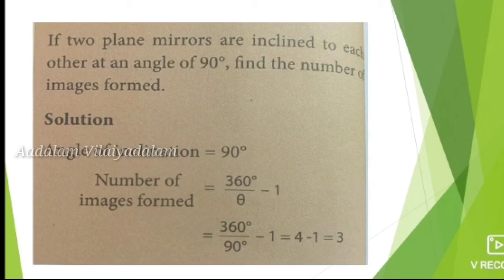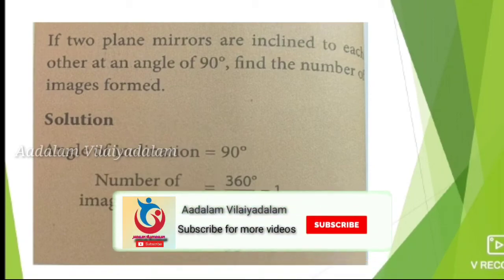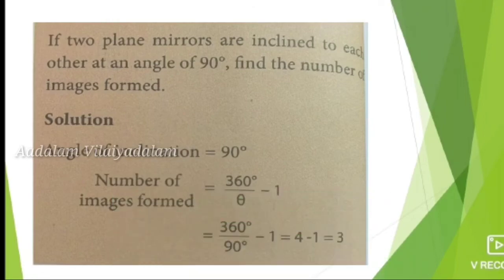Substituting theta equal to 90 degrees, 360 divided by 90 minus 1 gives 4 minus 1, which is 3. So if you place the plane mirrors at a 90-degree angle, you will get 3 images.